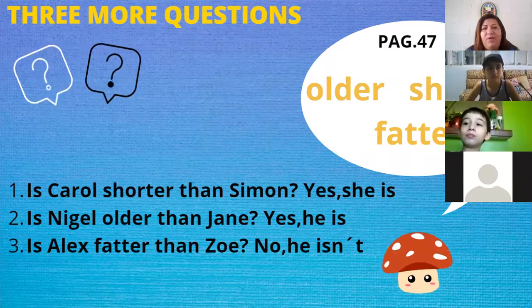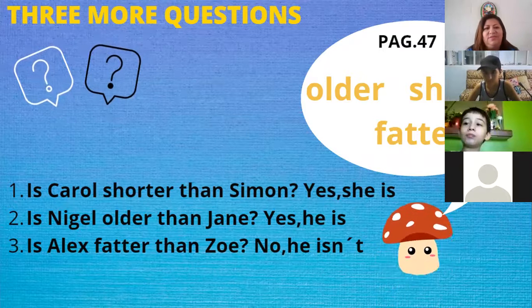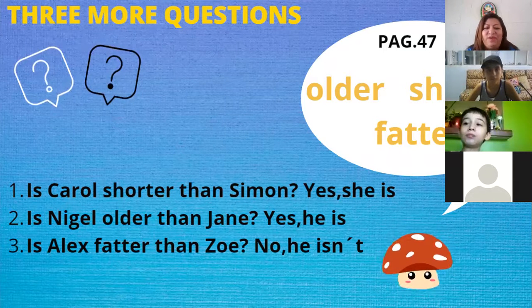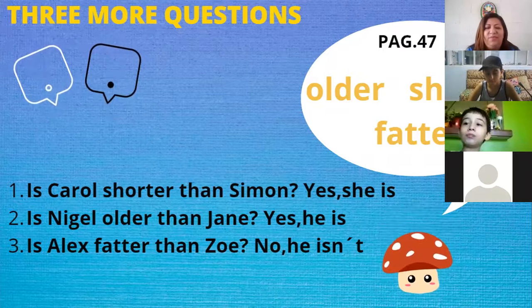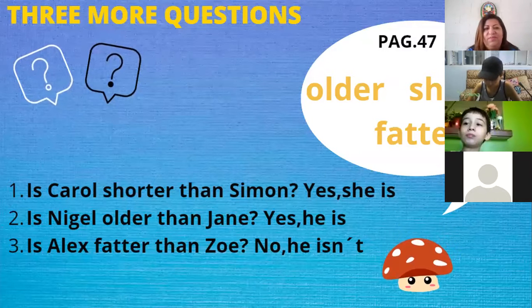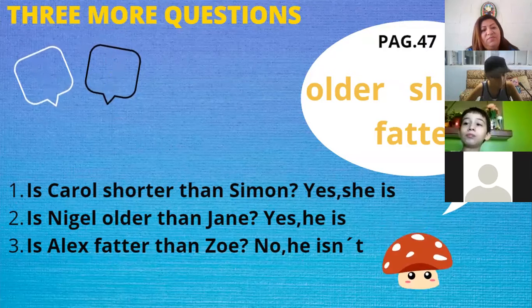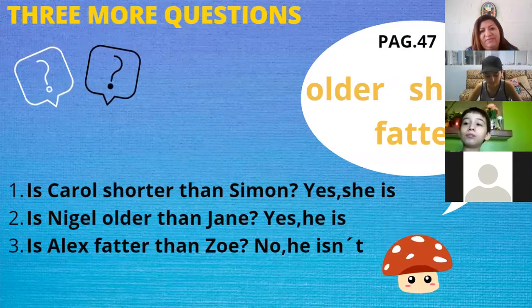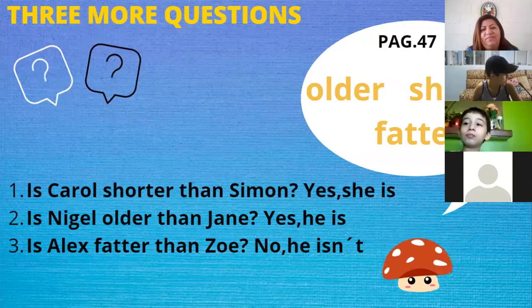So let's copy, and when you're ready, you write on the chat, yes, so I can know that you've finished. You can copy question number 1 and the answer, number 2 and the answer, number 3 and the answer. If you're done, write down yes on the chat.